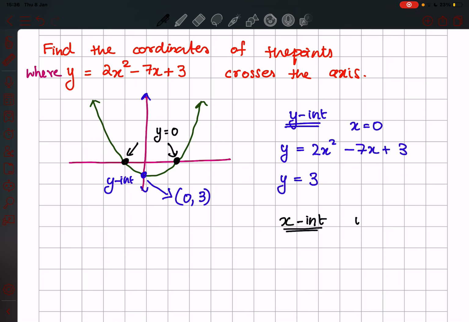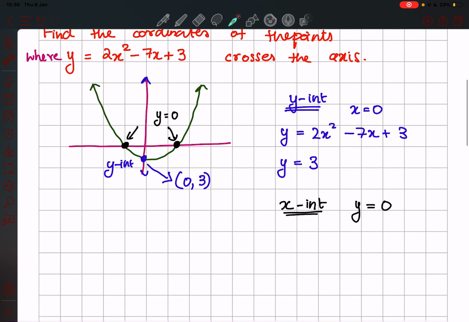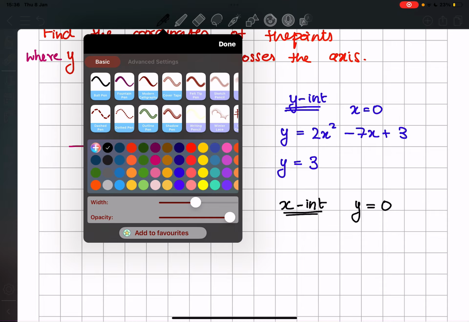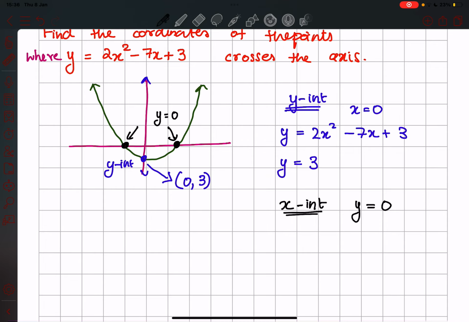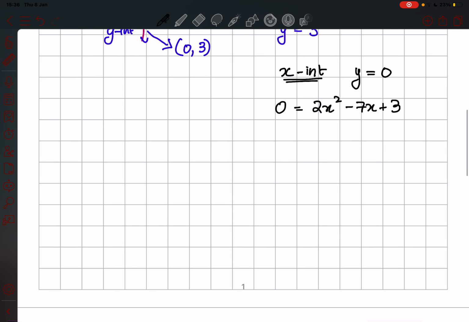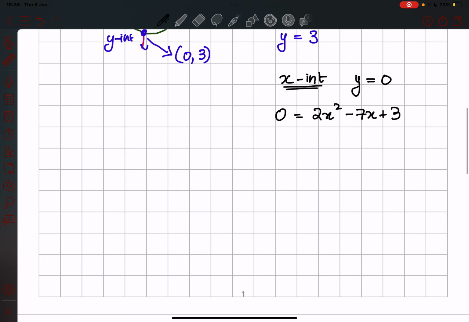And if I want to find the x-intercept, all I have to do is plug in y equals 0. So if you want to find the y-intercept, plug in x equals 0. If you want to find the x-intercept, plug in y equals 0. So I go back to the question and we're going to plug in y equals 0. So if you plug in y equals 0, you'd get 0 equals 2x squared minus 7x plus 3. So we're going to have to solve this quadratic now.